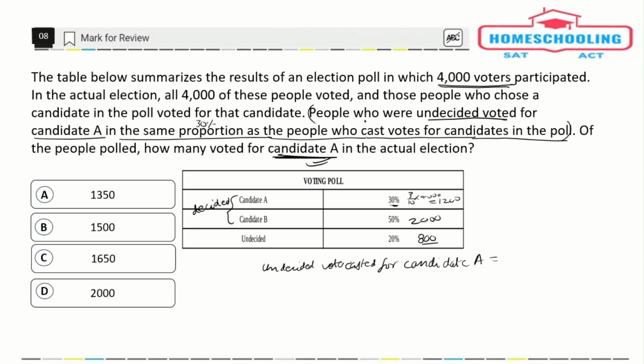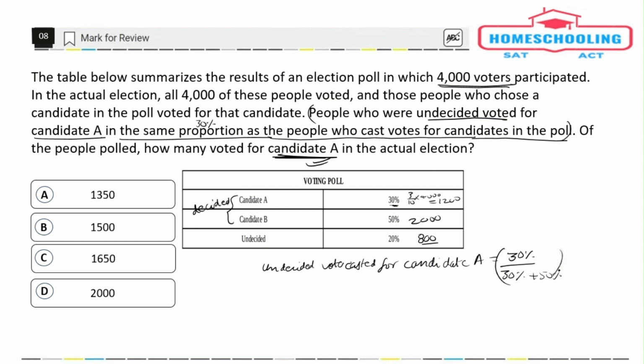So in the question it is said that people who were undecided voted for candidate A in the same proportion. So for undecided voters, the proportion is 30%. So 30%, and total number of decided votes are candidate A and B, that is 30 plus 50. So 30% plus 50%. And the total undecided vote is how much? 800.